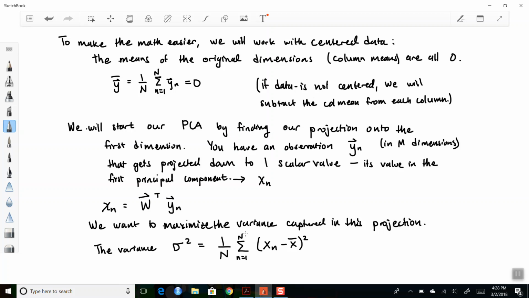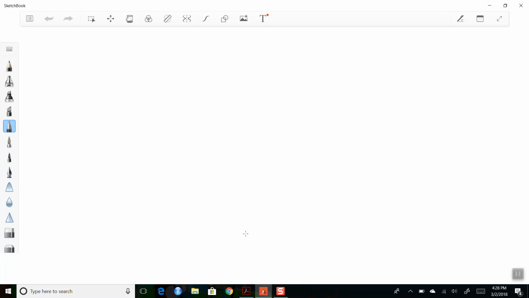So far so good. I'm going to do a little bit of math derivation on the next few slides, okay? I have to work a little bit quickly here. We use the assumption that each of the column means are 0.